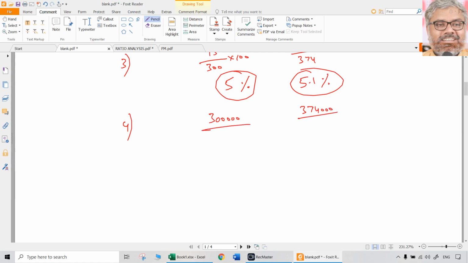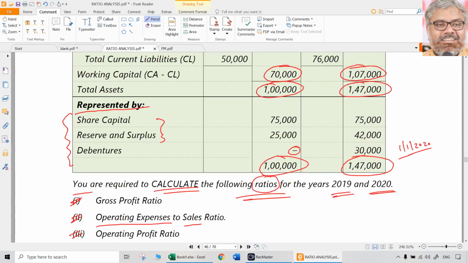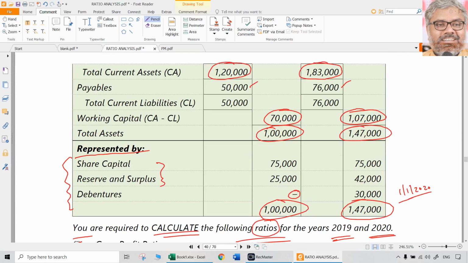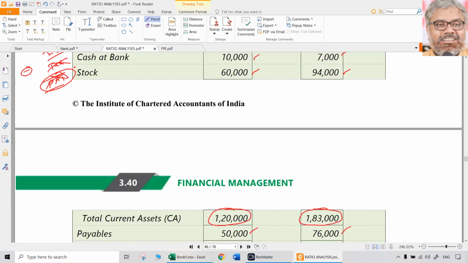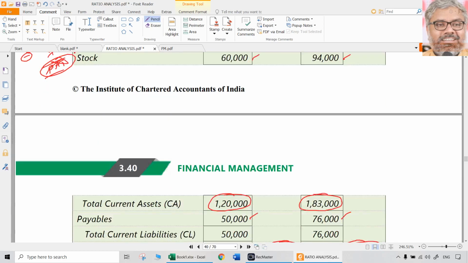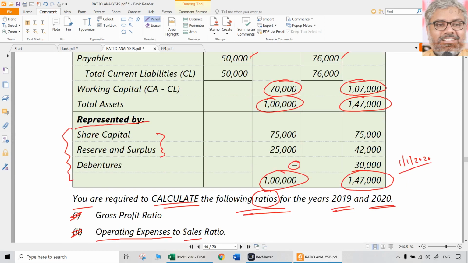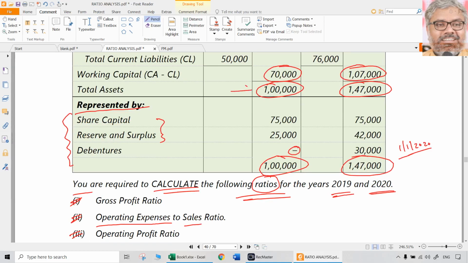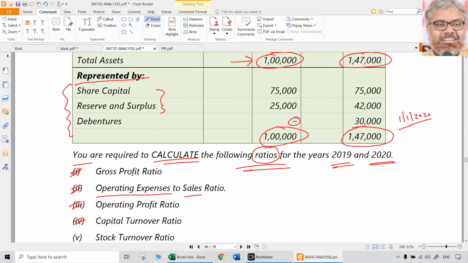Divided by capital employed. What is capital employed? Capital employed is fixed assets plus working capital. Actually, in this case, it is given directly: fixed assets plus current assets minus current liabilities, and the total of that is given already. That itself is capital employed, 1 lakh and 1,47,000.